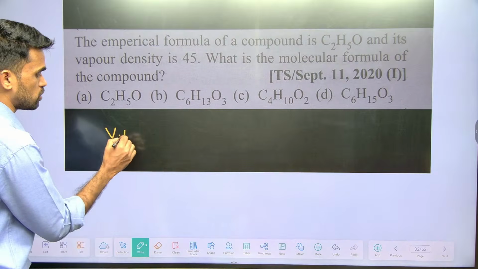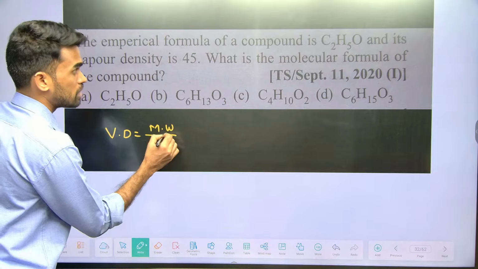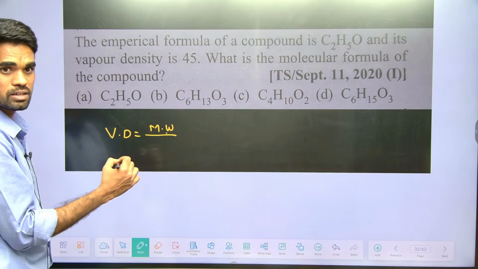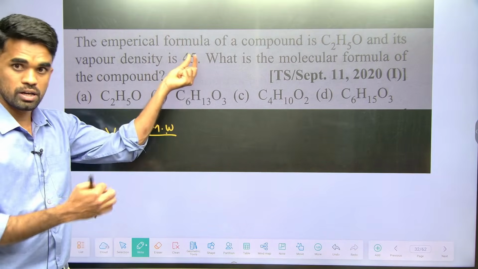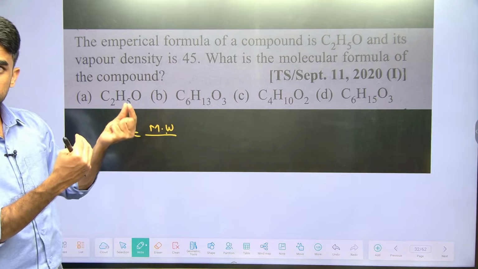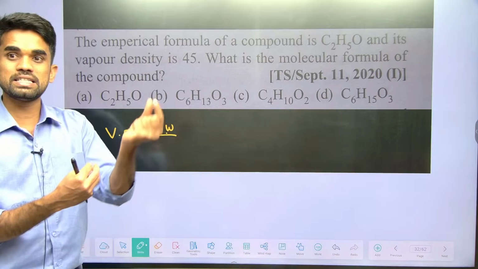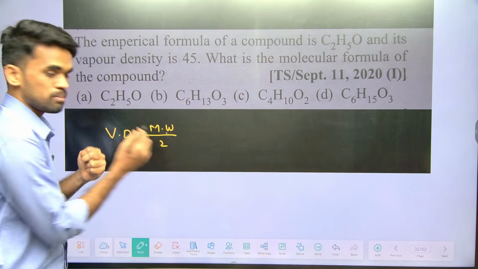Vapor density is equal to the molecular weight of the given compound divided by the molecular weight of hydrogen. Hydrogen means hydrogen molecule, no? So what is its molecular weight? 2. So we can fix this number as 2.